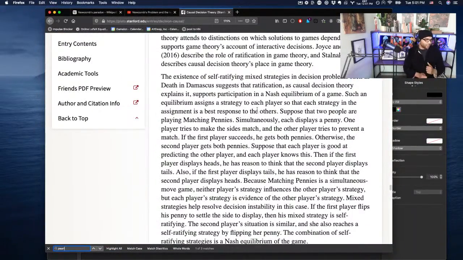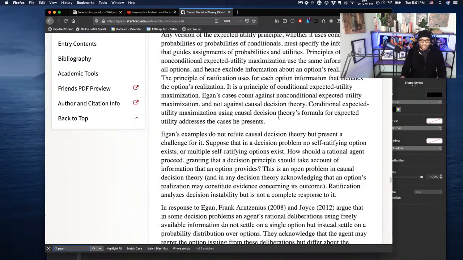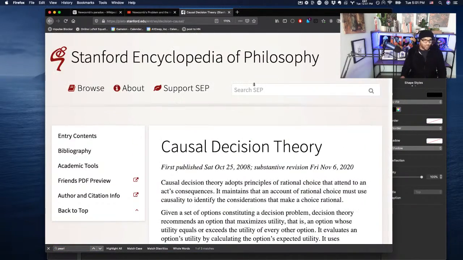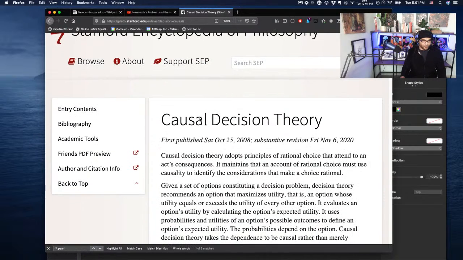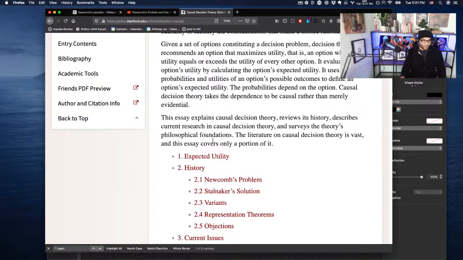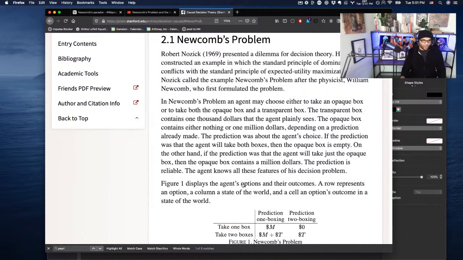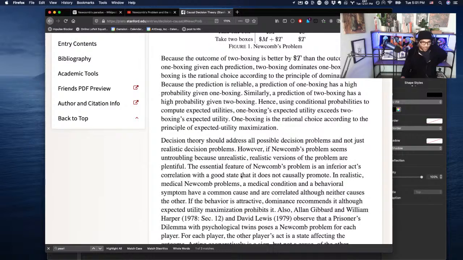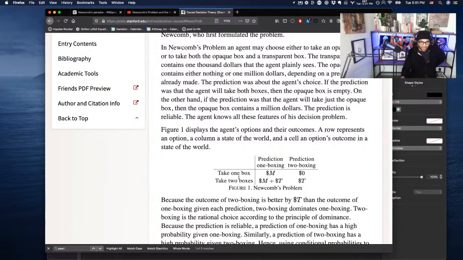So what I'm trying to do here is understand this idea of Newcomb's problem and how you model it using a causal model. Newcomb's problem is the idea that we've got two boxes and one always contains $1,000.